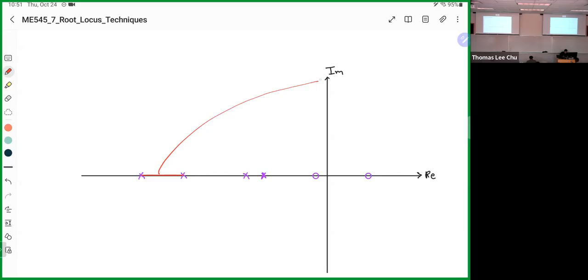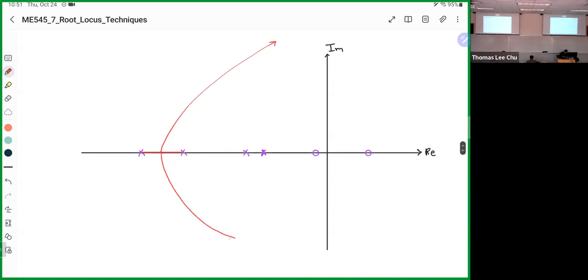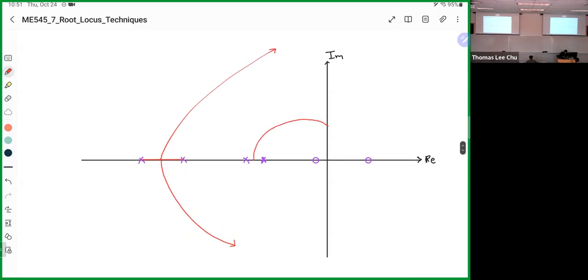Root locuses are symmetric about the real axis. They share the same entry points here. These arrows are indicating the trajectory of the poles as I increase K.